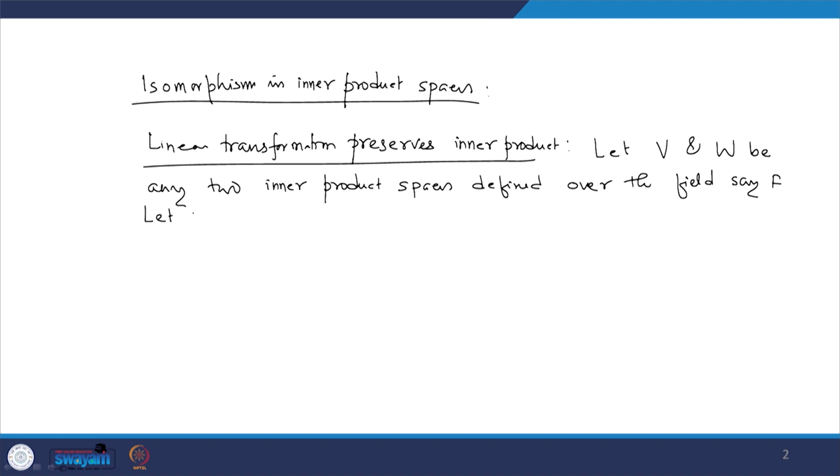Let T be a linear transformation from V into W.